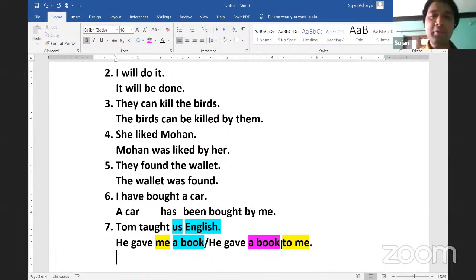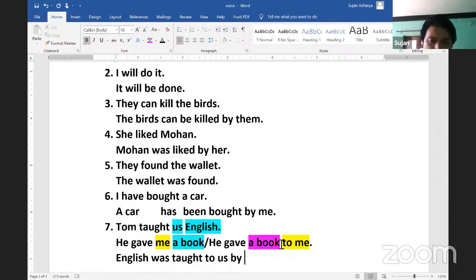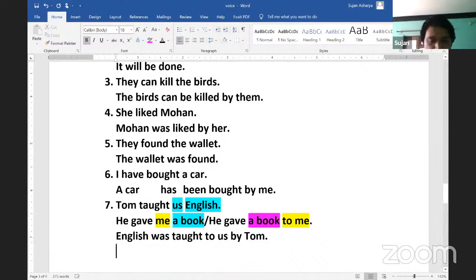If anyone says that no, you have to start your sentence with direct object or indirect object should be placed after direct object, that's the rule, no. The rule says both the answers are correct, like Tom taught us English was taught to us by Tom. This also is correct. We were taught English by Tom also is correct.